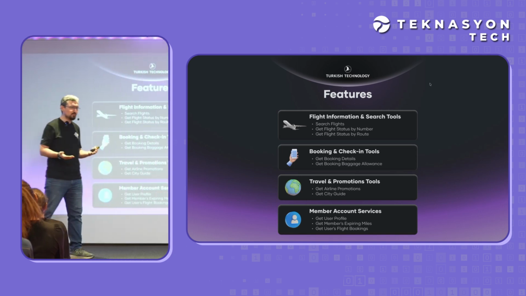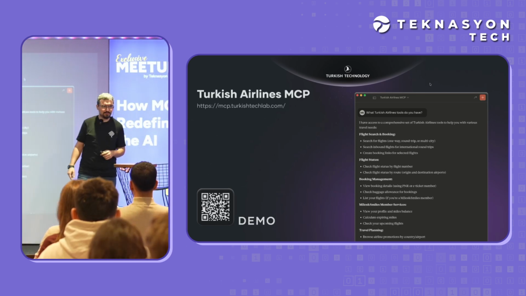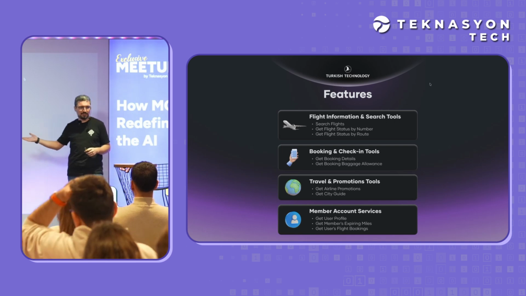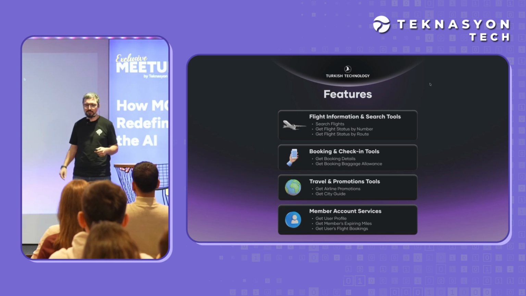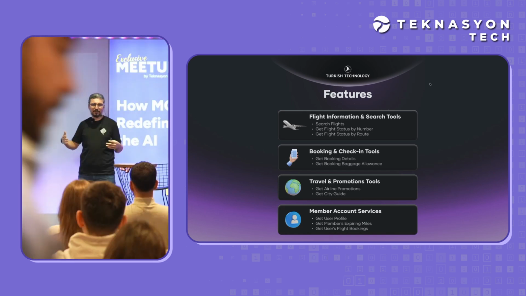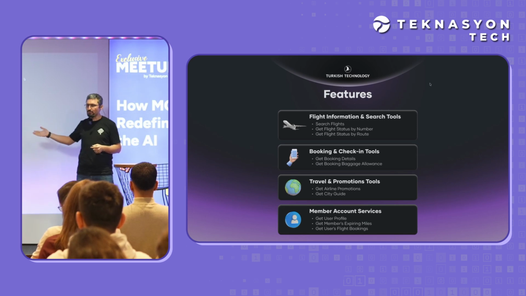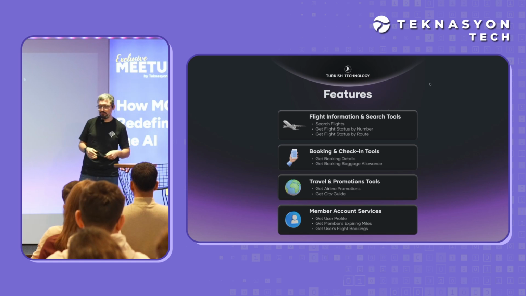Most of the features that we support with our MCP are read-only tools, and I will mention why we chose that path. You can search flights, check the flight status both by route and flight number, check your booking details, get promotions, get city guides, and so on.